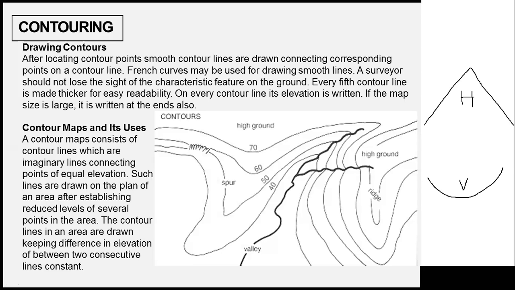You may get certain lines in the terrain map, but there also you will not get the elevation. So for elevation purposes separate maps are prepared, and those maps are called contour maps.